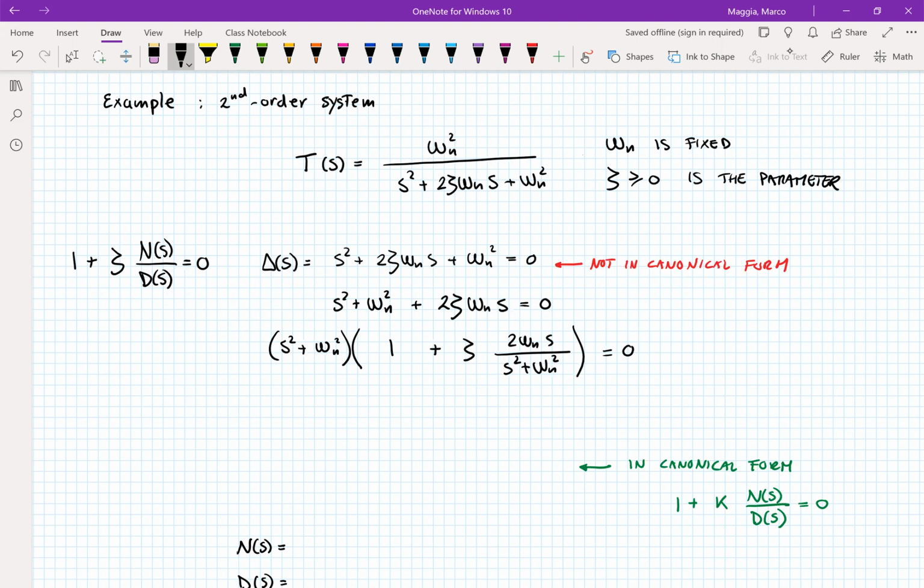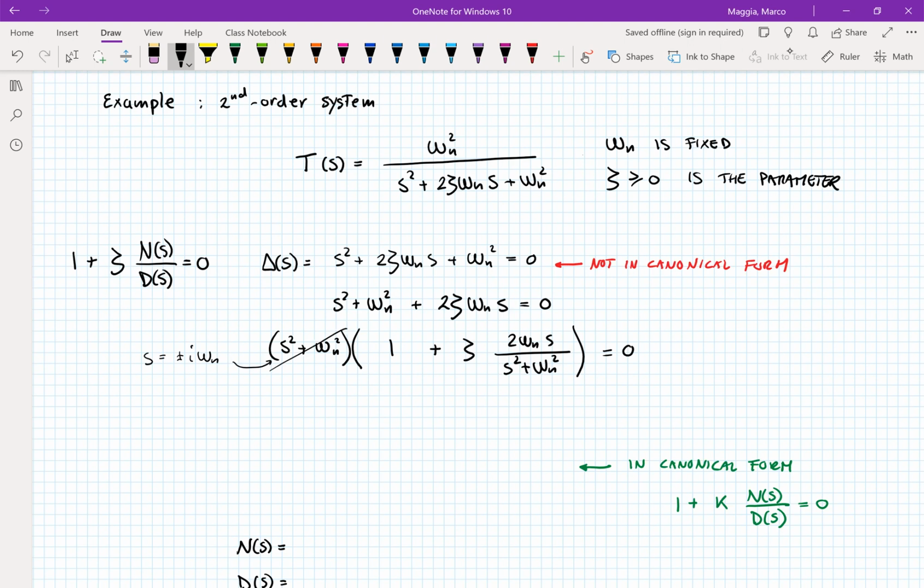All right, so now this equation is satisfied for either s equals plus or minus i omega n, which is this one, but this does not contain zeta. It's just for a particular value of zeta, as we will see, that is zeta equals 0. So we're going to ignore this.